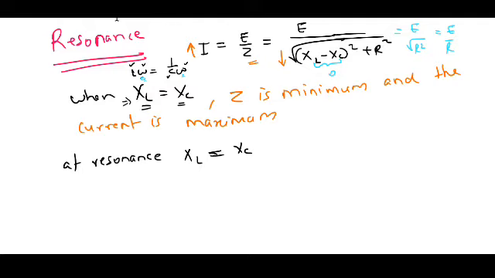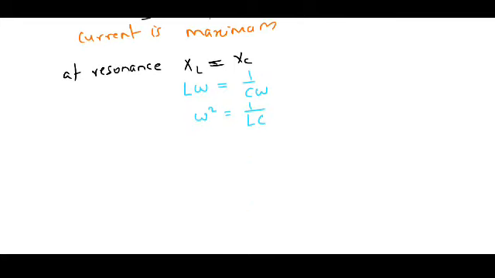To find the expression for that particular value of the frequency, we do the following. XL is equal to L omega, XC is equal to 1 by C omega. If I bring the omega to the left side, this will be omega square. Then I bring the L to the right side, this is 1 by LC. That is, omega is equal to 1 by root of LC.